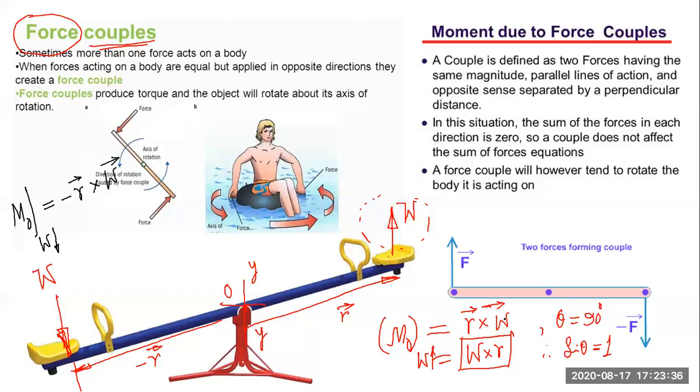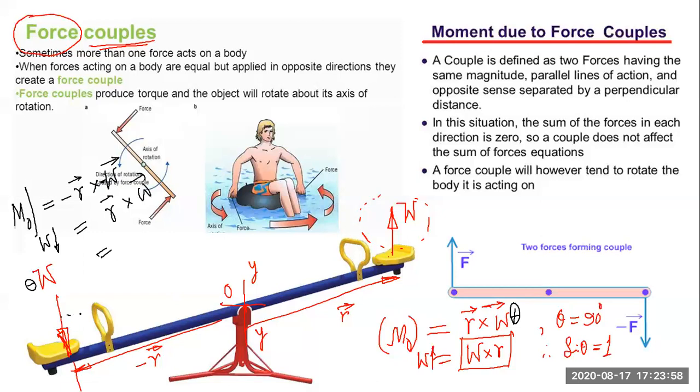If we take this W as positive, then this W should be taken as negative, because we are taking the same magnitude but the direction is negative. So minus minus is plus. So again R cross W.